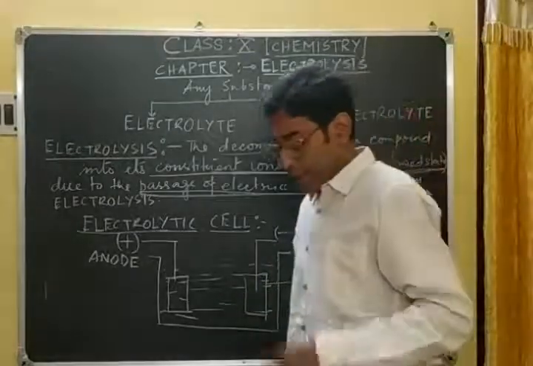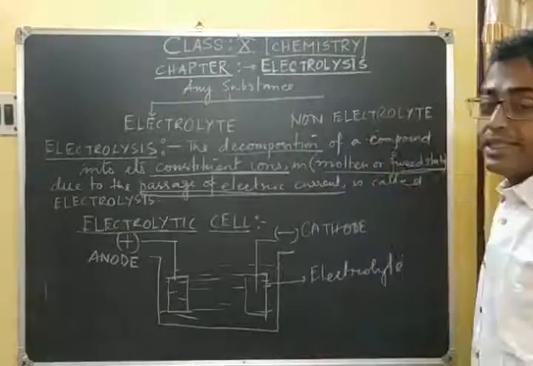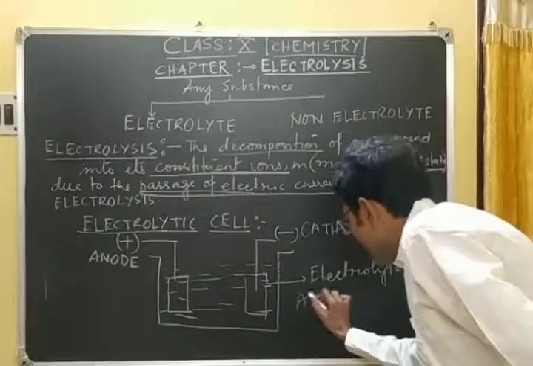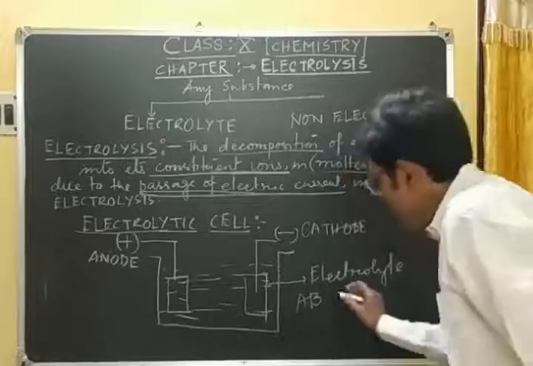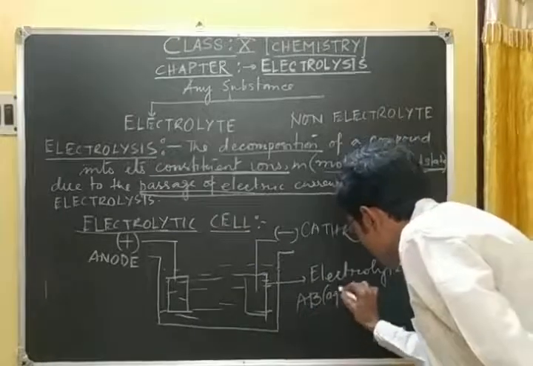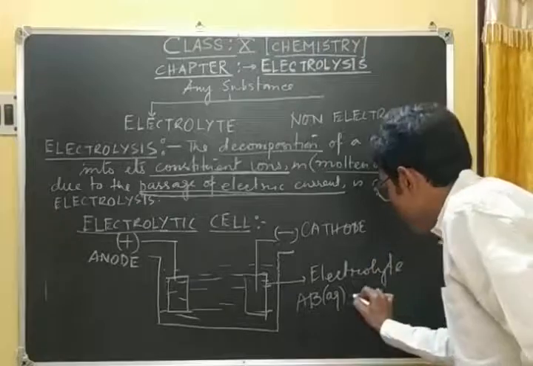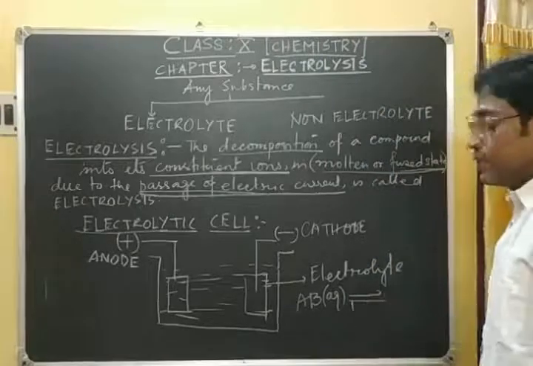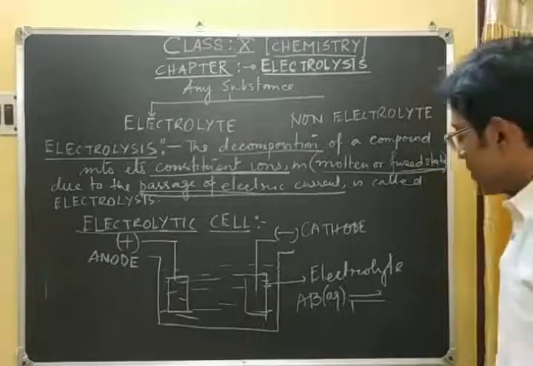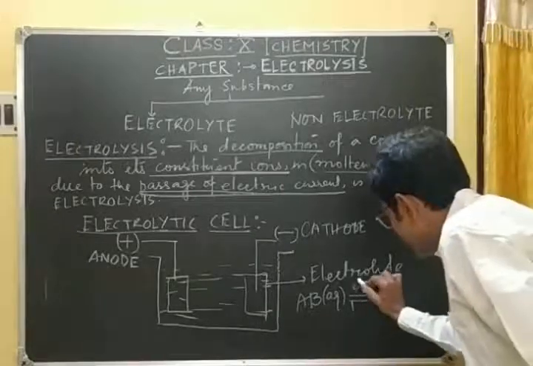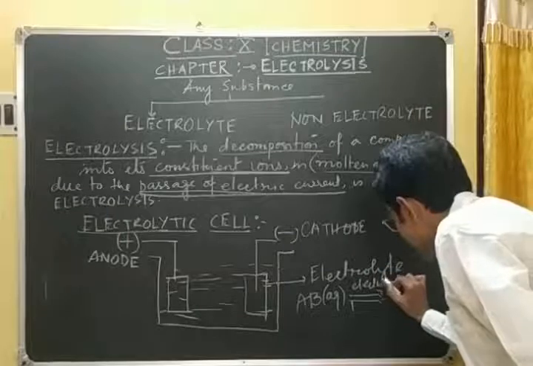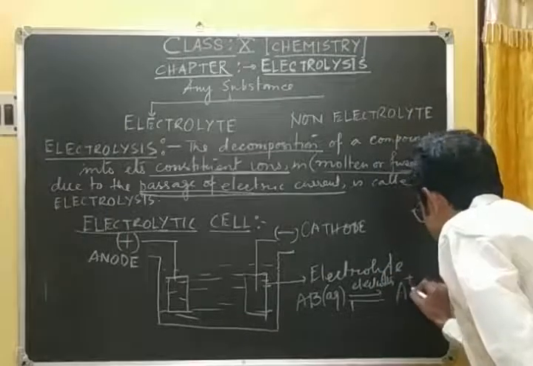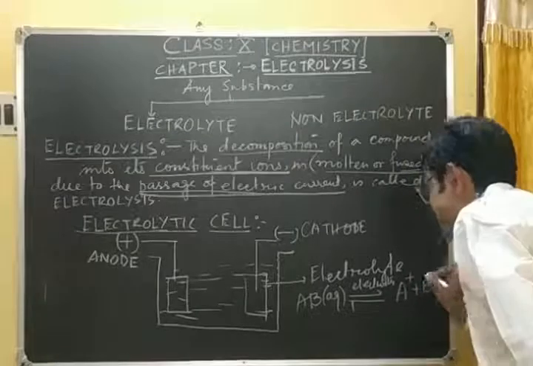And remember, when electrolytic dissociation takes place, any compound, I can write AB, in aqueous state or molten state, dissociates when electricity is passed. See, I am giving here the reversible sign. So when electricity is passed through, it is dissociated into A plus and B minus.